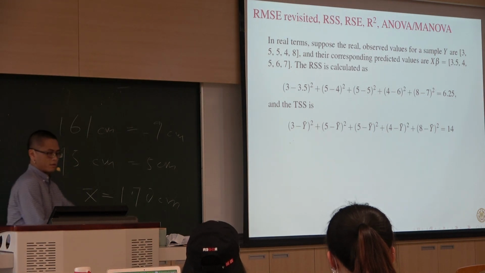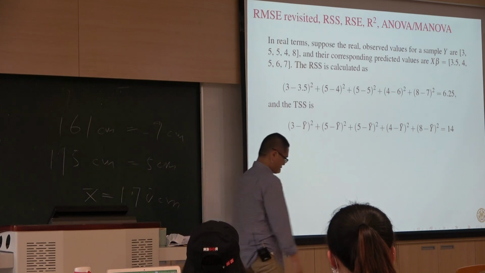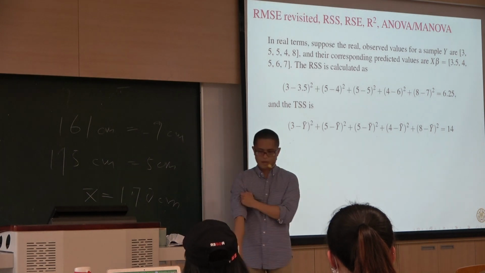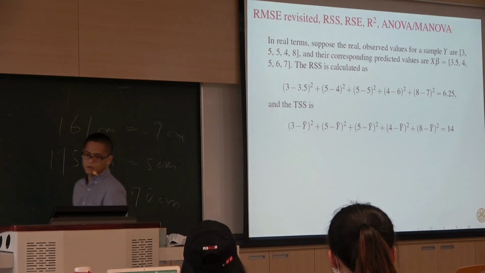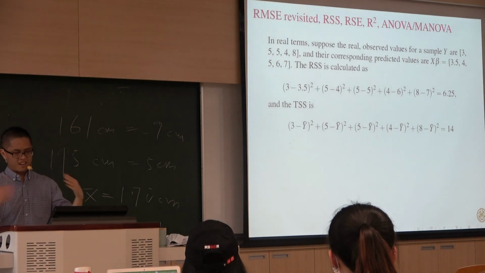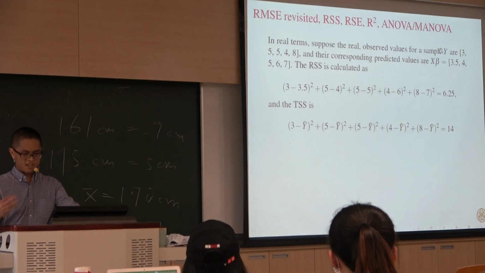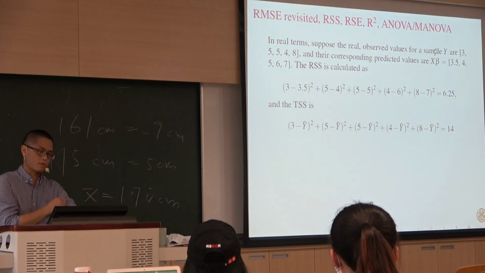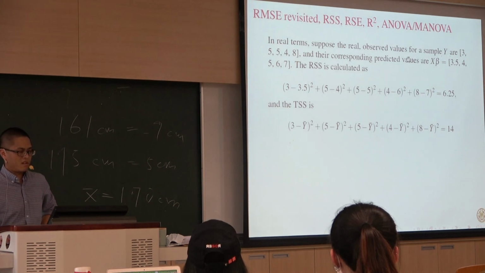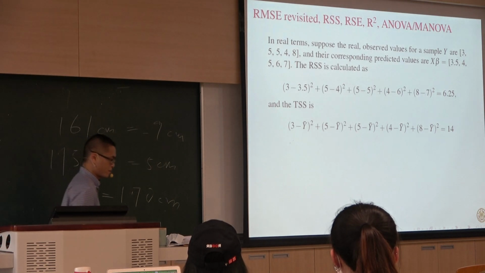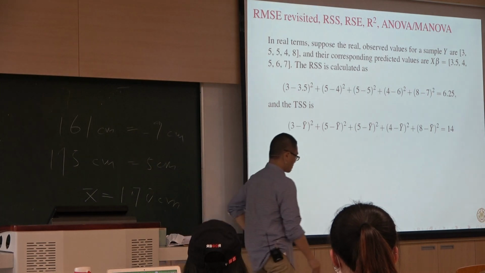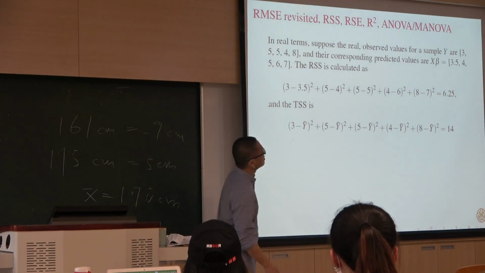Okay. So here, to give you a real example of how this goes. Suppose we got these observed values from a really small sample of 5 real positive numbers, like 3.35548, right? And also suppose we fit a regression model and give each of them a linear estimate.